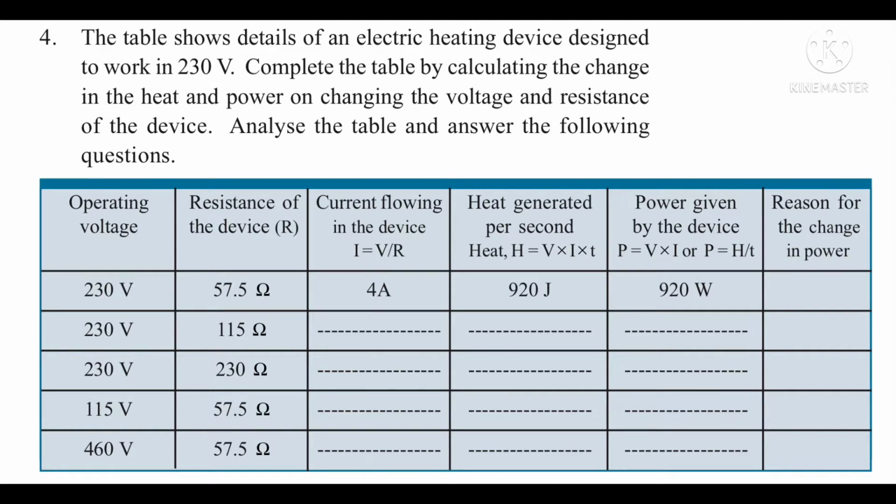Fourth question. The table shows details of an electric heating device designed to work in 230 volt. Complete the table by calculating the change in the heat and power on changing the voltage and resistance of the device. Analyze the table and answer the following questions.